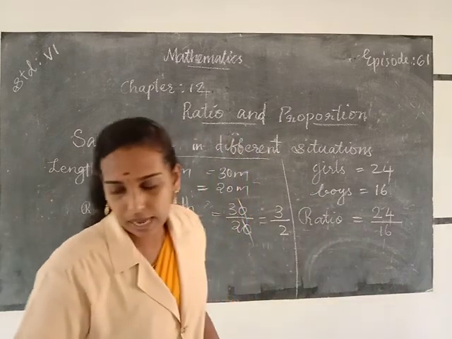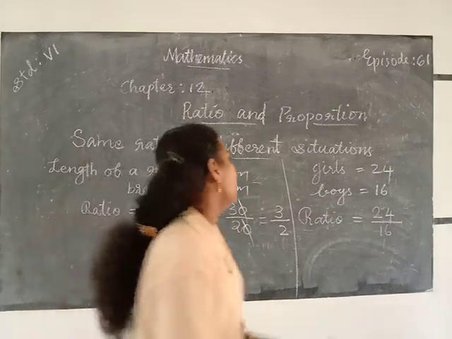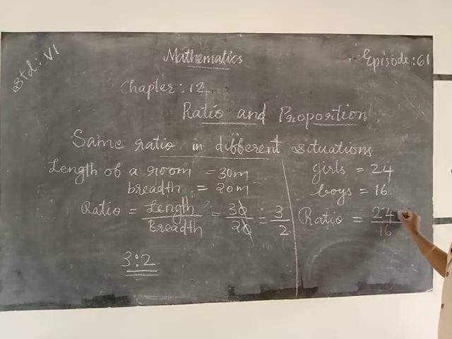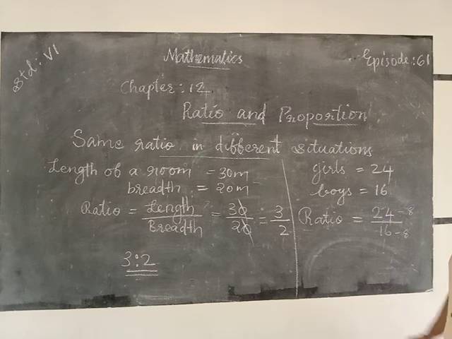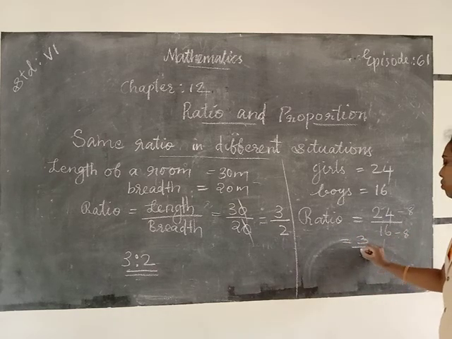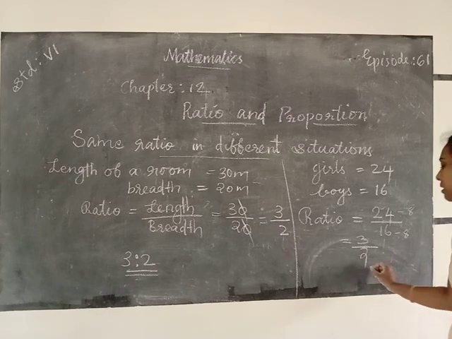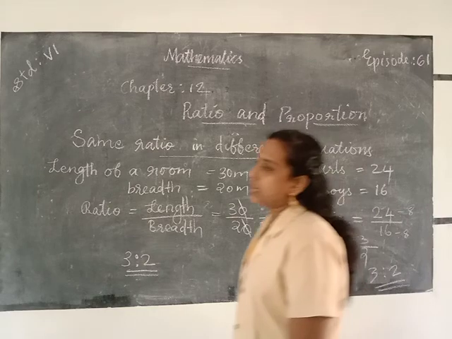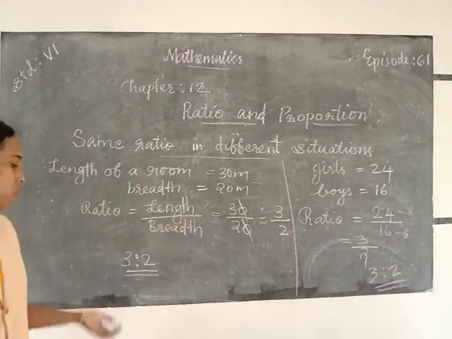And here you can see that 8 is a common factor, so we divide numerator and denominator by 8. 3 8s are 24 divided by 2 8s are 16. So we get the ratio 3:2.